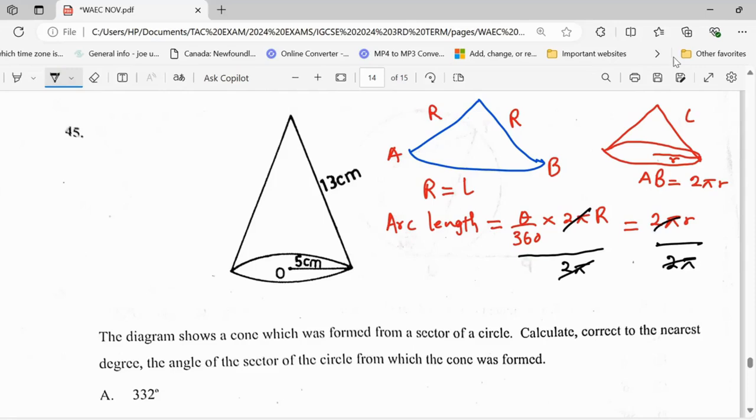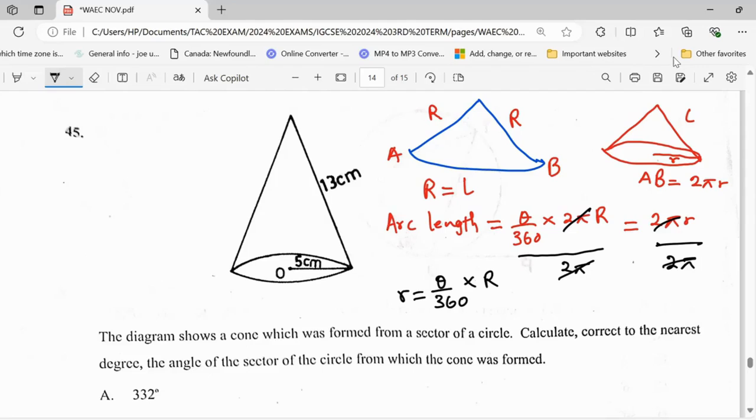That means the radius of the circular base of the cone is equal to theta over 360 times the radius of the sector.